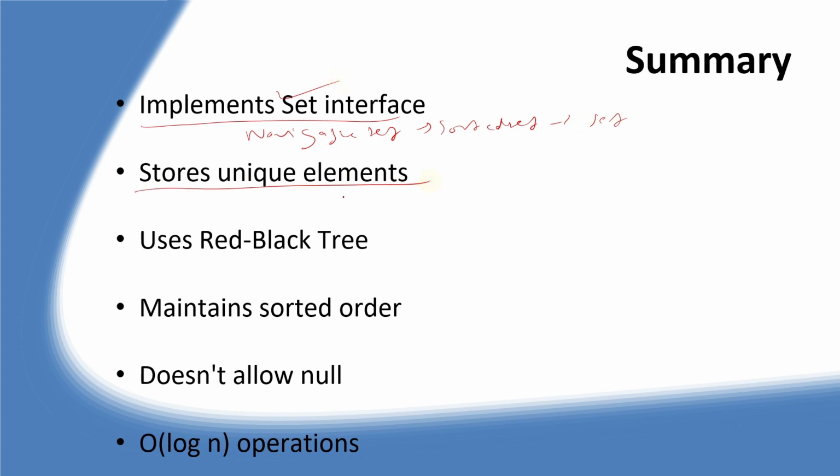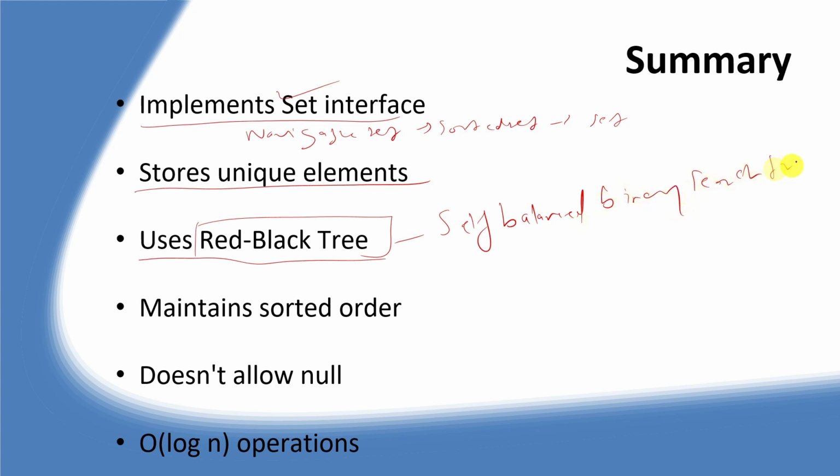It stores unique elements. Duplicates are not allowed. And what data structure does it follow? Red-black tree, that is a self-balanced binary search tree. What it is we will see in the topic of data structures and algorithms. But for now we should know that TreeSet internally uses a red-black tree.